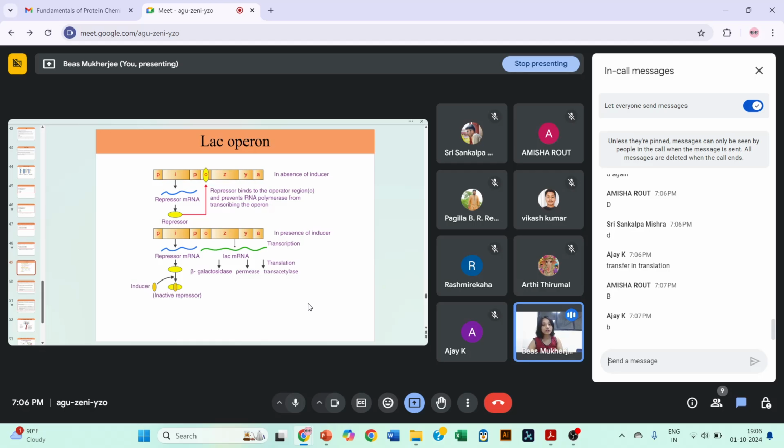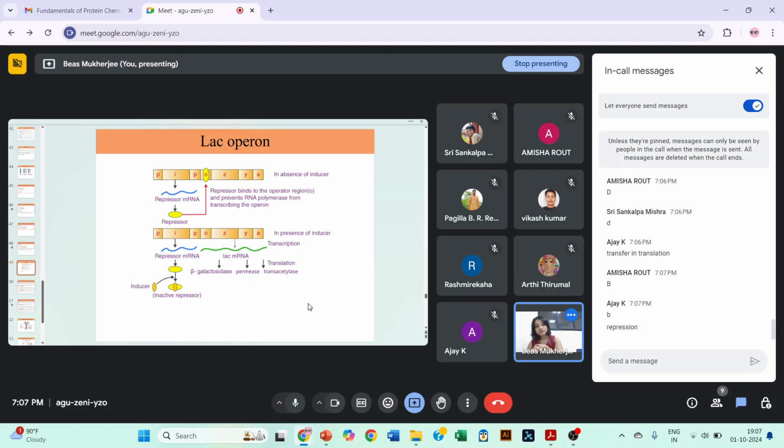Basically in lac operon, it is a set of genes that are present together, and repression of the genes is happening, and there is a lac repressor which is made by this particular gene, lacI gene, and the lac repressor is going and binding to the operator region. Operator region is very close to the promoter, and so RNA polymerase is not able to come and bind to the promoter region. Therefore, it is not able to express the downstream genes.